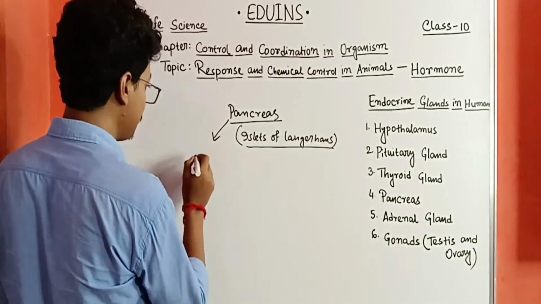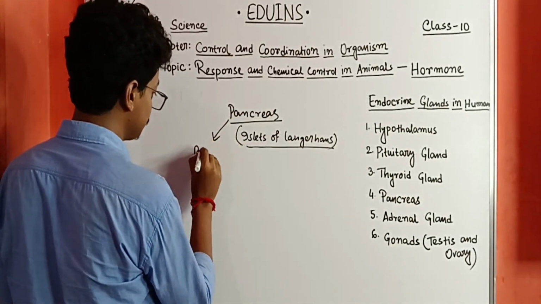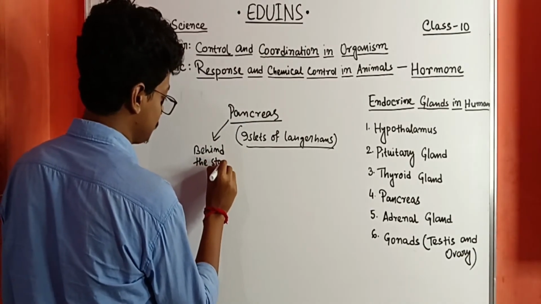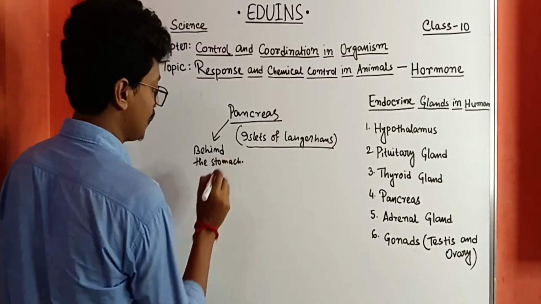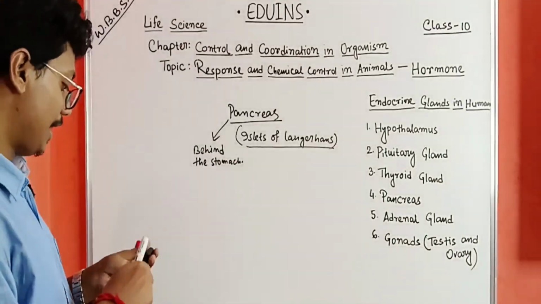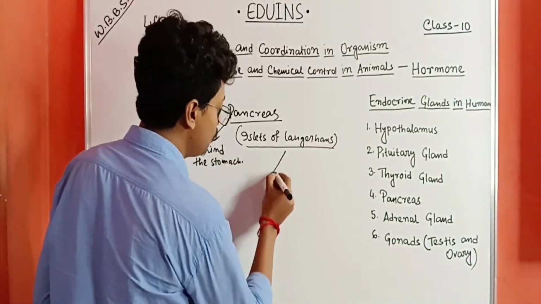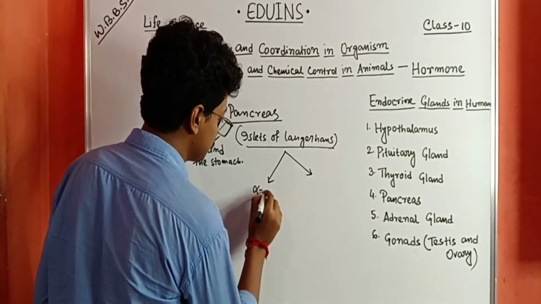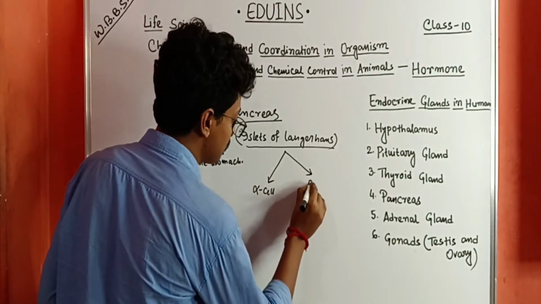Pancreas location: behind the stomach. The islets of Langerhans contain two types of cells, one is the alpha cell, another is the beta cell.